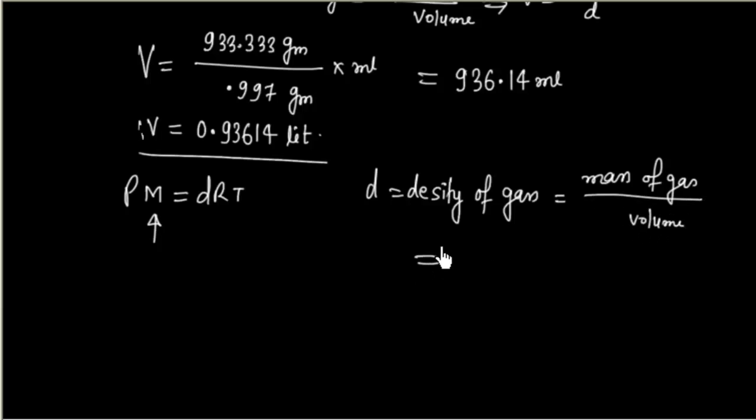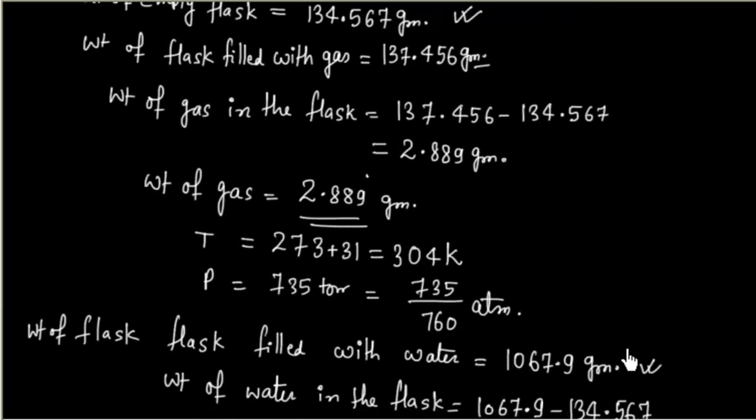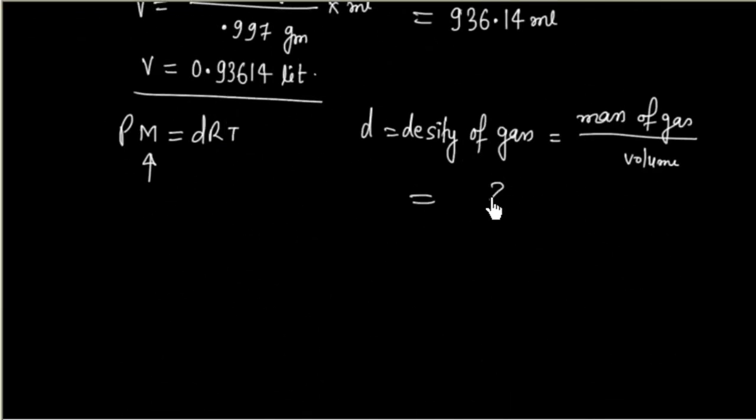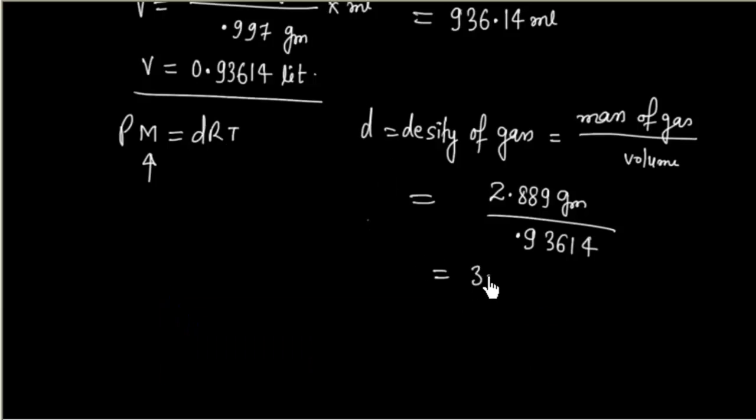We have calculated the mass as 2.889 gram, and the volume in liter is 0.93614. So 2.889 divided by 0.93614 is 3.086 gram per liter.